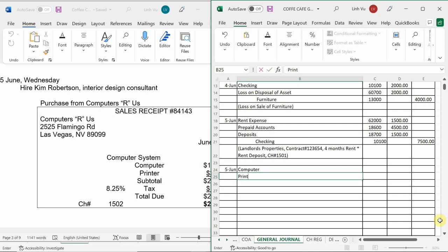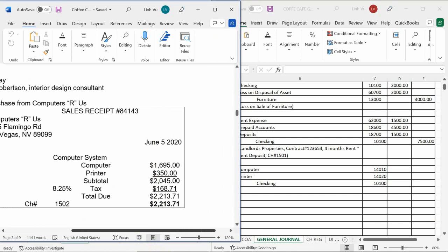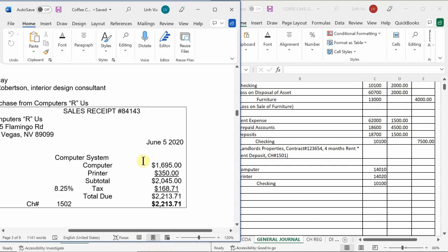Okay, we're about to end class soon, so computer and printer, and we said that we paid using our checking account with a check. Okay? So 14,010, 14,020, and 10,100. Okay? So I know for a fact that I spent $2,213.71, right?